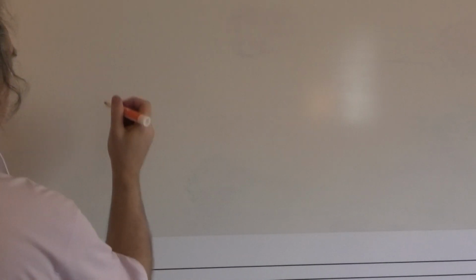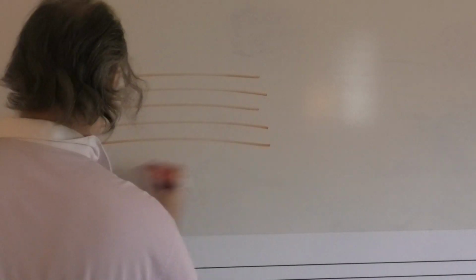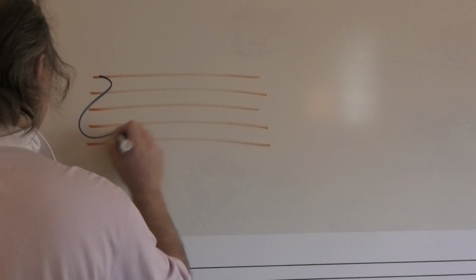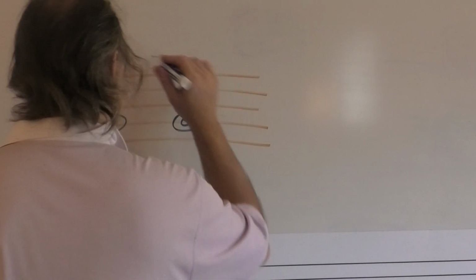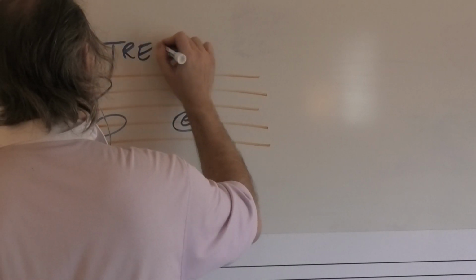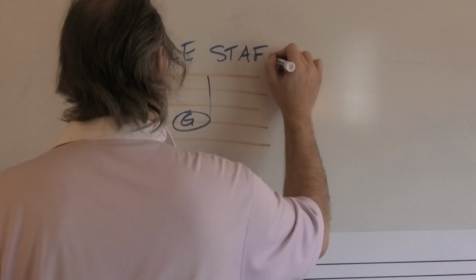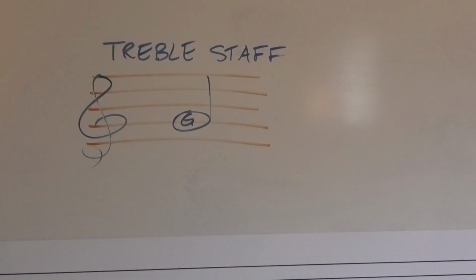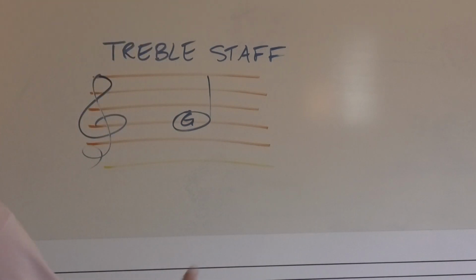So when we have a 5-line staff and we put the treble clef on the staff, it becomes the treble staff. And then we have our middle C right there, and then we have our bass staff.